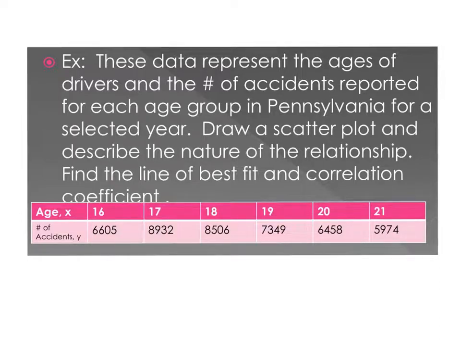And according to this data, maybe that supports it a little bit. But then it kind of levels out too. After you get out of high school, maybe you become more mature and responsible. I don't know. That's what they're trying to figure out. And the fact is, insurance companies use this kind of data all the time to determine how much insurance is going to cost, right?